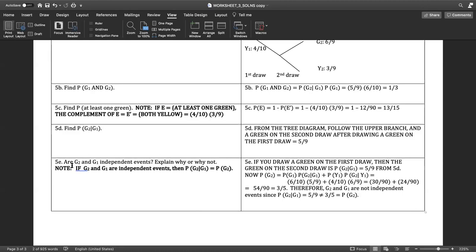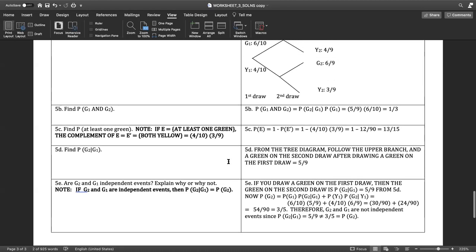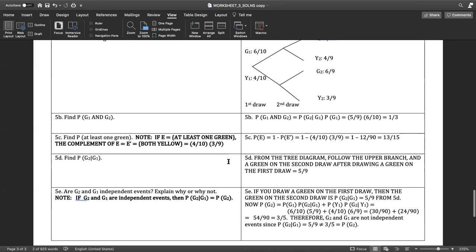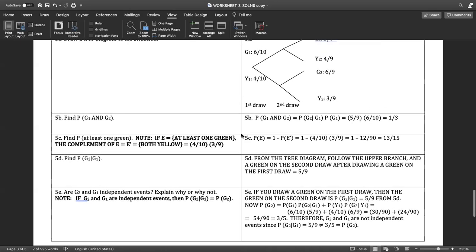Okay, 5E. Are the two events independent? And you can see that they're not. If they were independent, the probability of G2 given G1 would equal the probability of G2. And we know the probability of G2, that's just 6/10.